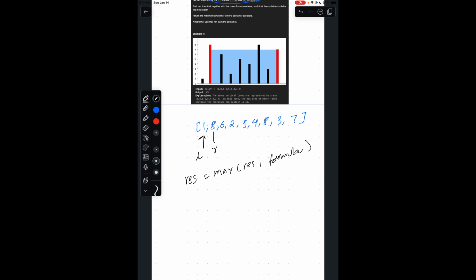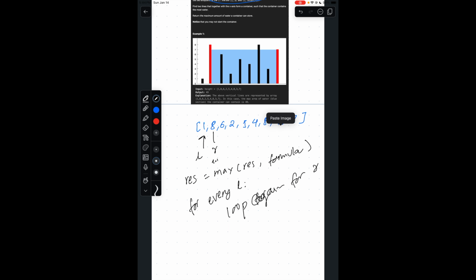So for every L, loop again for R, which means that in the first condition the left is the first and the right is basically L plus 1.